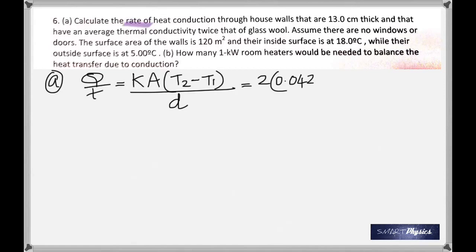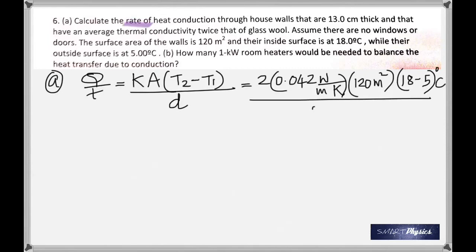K is twice that of glass wool, so 2 times 0.042. Area is 120 meters squared. Temperature difference is 18 minus 5, divided by the thickness in meters, 0.13. And when you do that, you get 1.01 times 10 to the power 3 watts.